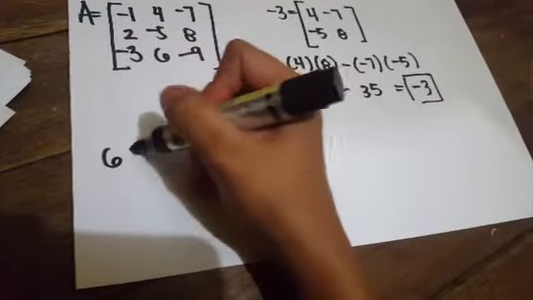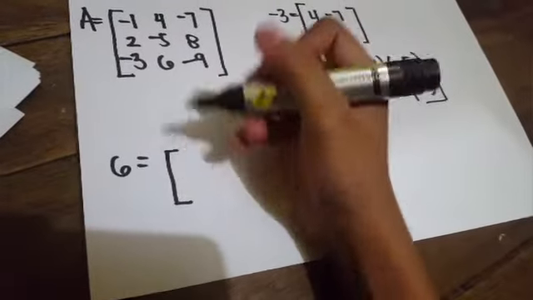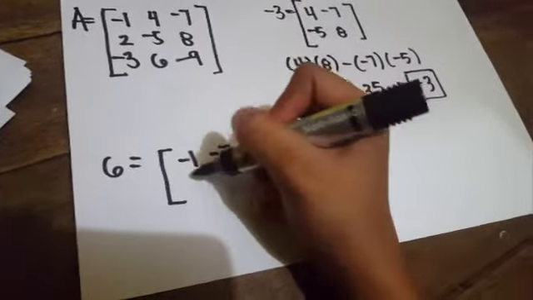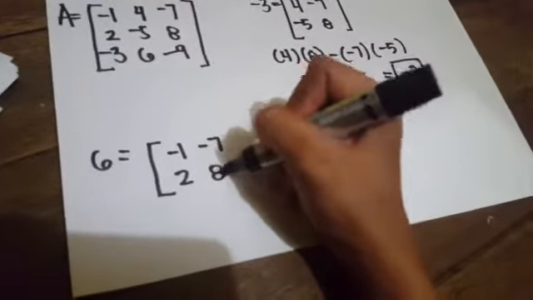For 6, the remaining entries are negative 1, negative 7, 2, 8.